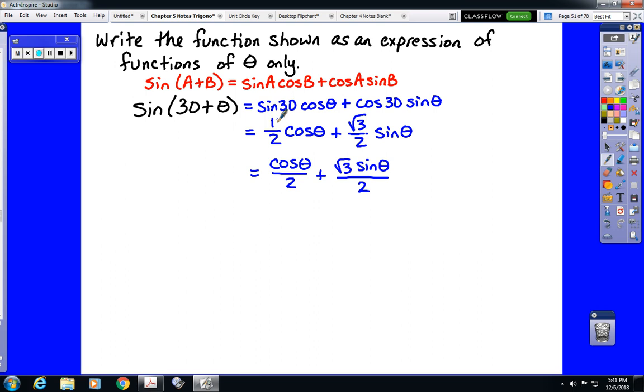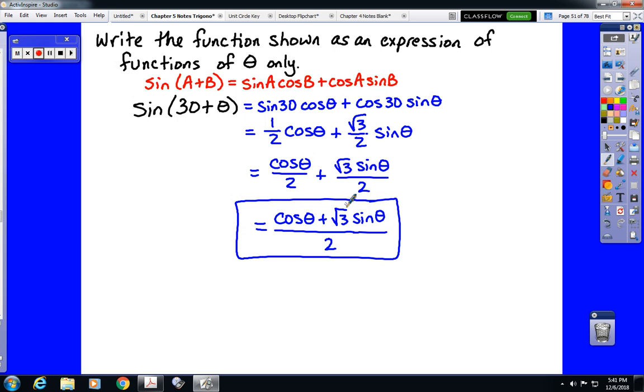So we already have a common denominator, and what we can do is combine those fractions into a single fraction, which is slightly better, but not much better than it was. But notice there are no longer any 30s anywhere in that answer. So that is the simplified answer.